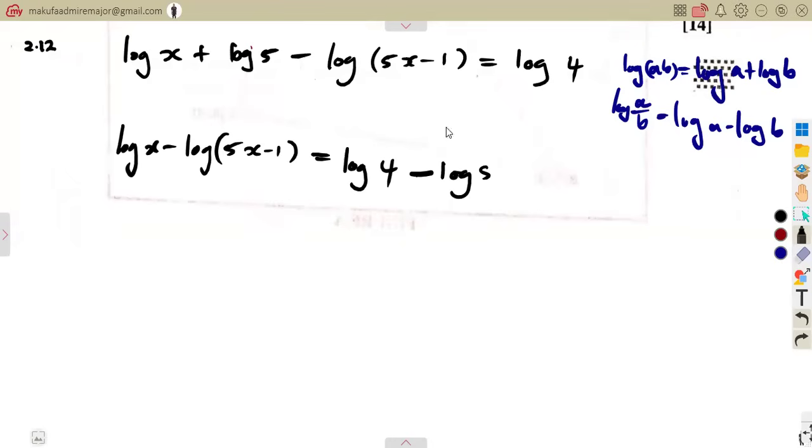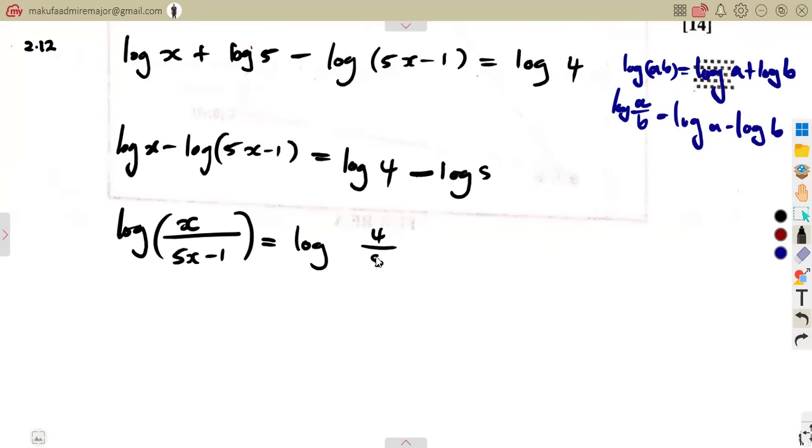All right, but if you consider this way, at least if you see the x and the x, you can just, okay, here I'm dividing. Why? Because you're subtracting. The bases are the same, so you're going to divide the numbers. So that will be the log of x over 5x minus 1. It is equal to, again, we are subtracting here, so we're going to divide, 4 over 5.